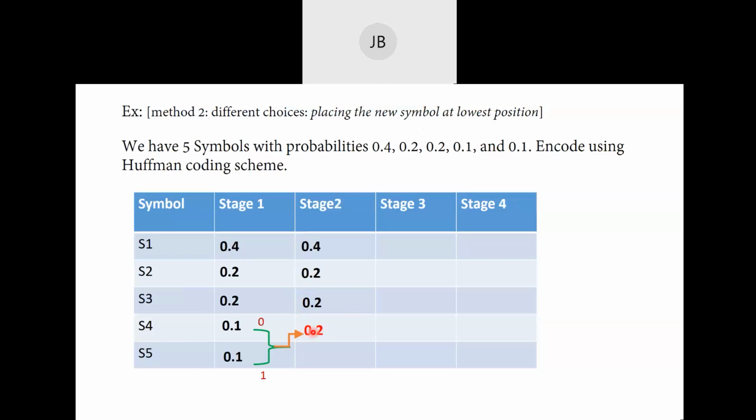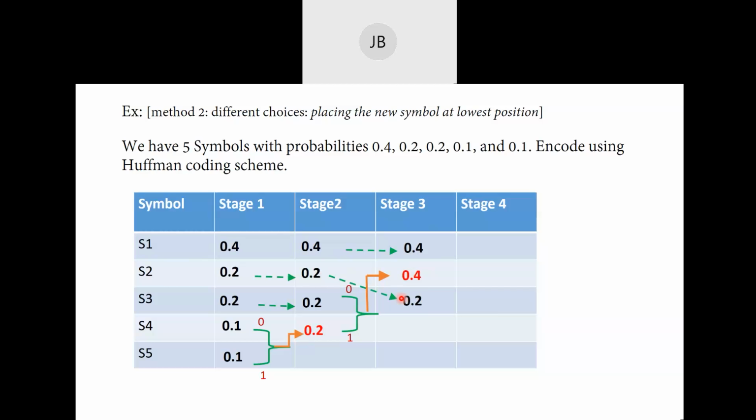Okay. Now the next step is to combine these two symbols and generate a new symbol, that is 0.4. So 0.4 will be placed here. In the previous case, we had placed it here at the top of the list. Now 0.4 is placed here because this 0.4 will be placed at the top, and this 0.2 is placed here.